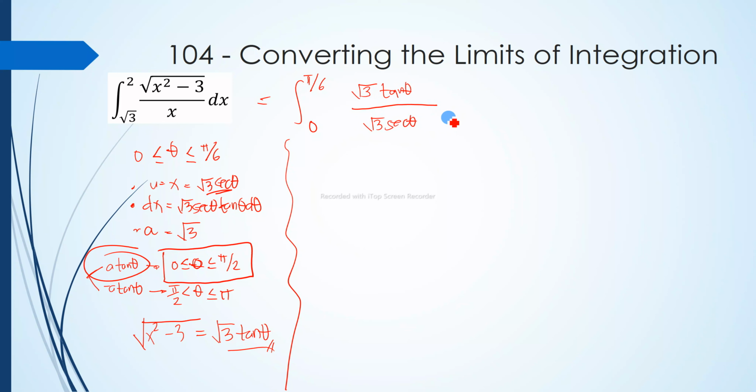How about dx? dx is equal to square root of 3 secant theta tangent theta d theta. So we have a similar, no? We have the square root of 3 secant theta in the numerator and the same also in the denominator. So what is left is square root of 3 tangent squared theta d theta from 0 to pi over 6. So simplified na siya, nawala na ang radical sign.